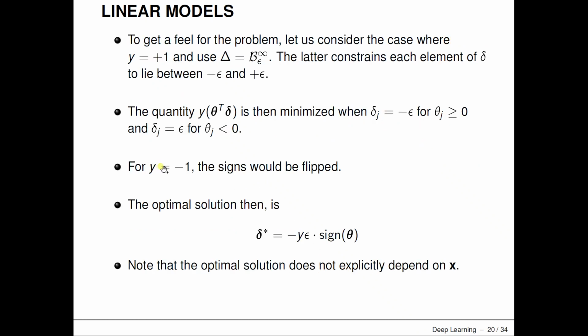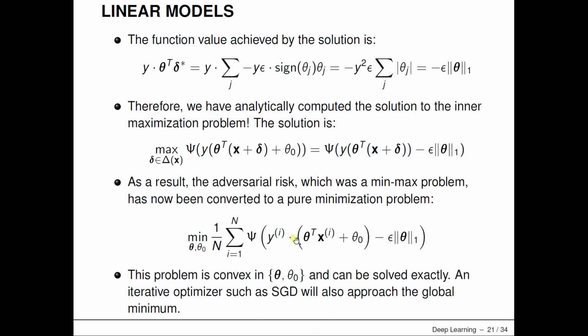Correspondingly, if our label is minus 1, then the solution flips. And this allows us to write down a closed form solution for the minimization problem that doesn't actually explicitly depend on x, if you look at it.